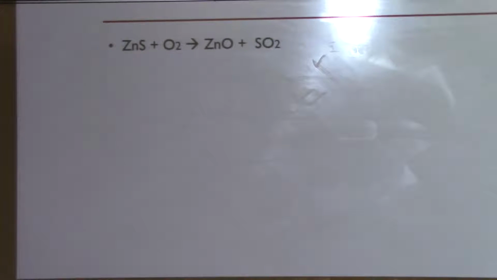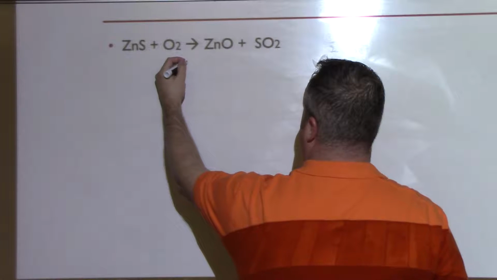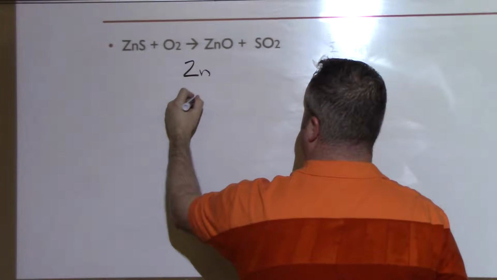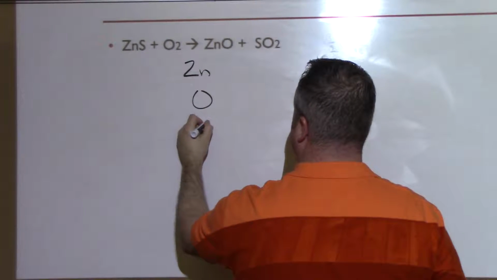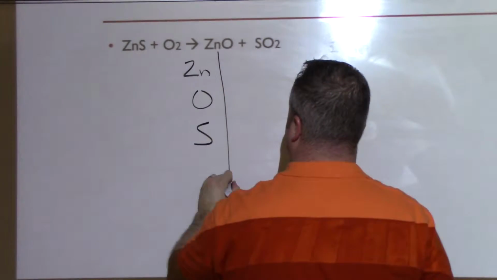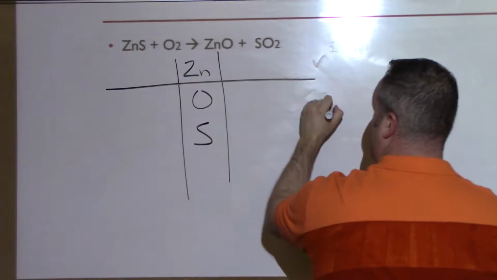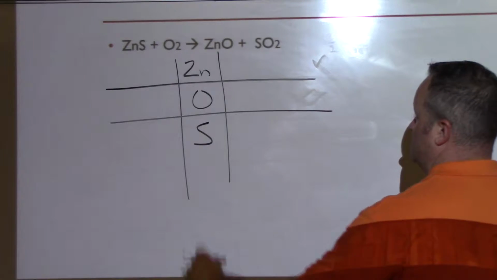Alright, so here I have zinc sulfate, and I have oxygen gas, and that's becoming zinc oxide, and then we have a covalent compound right next to it, sulfur dioxide. Alright, so let's list our elements. We have zinc, oxygen, sulfur. Alright, so let's just count what we have.